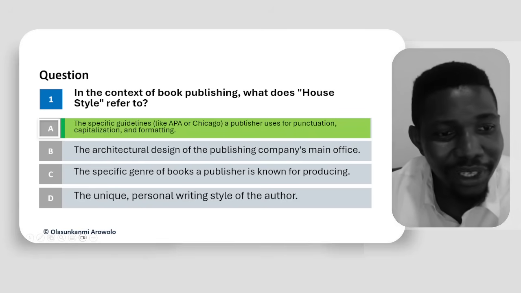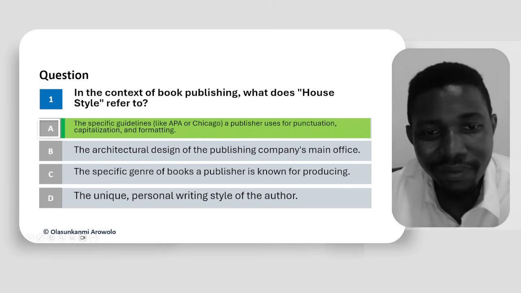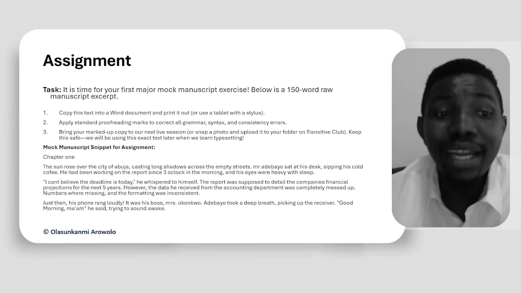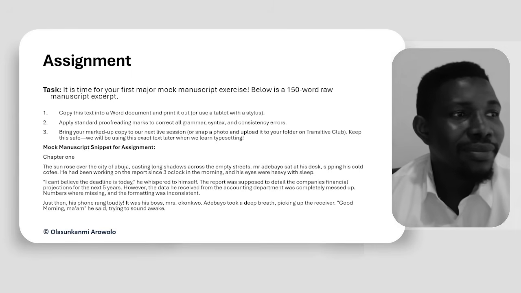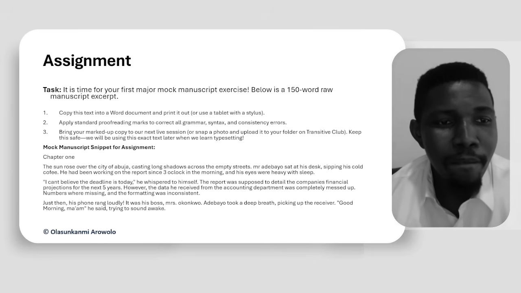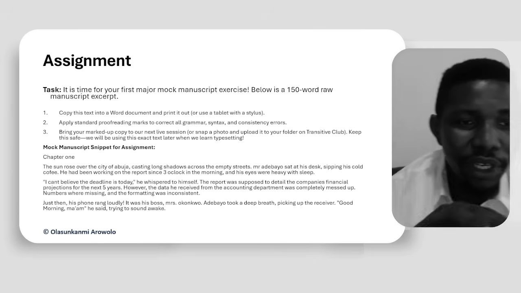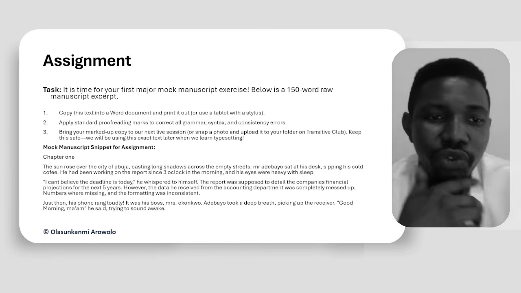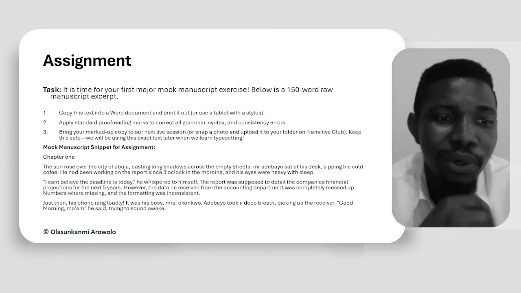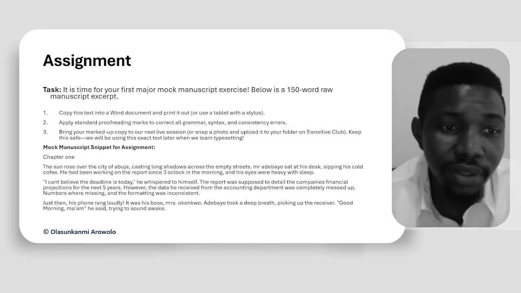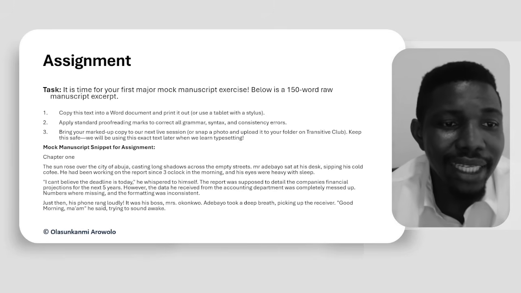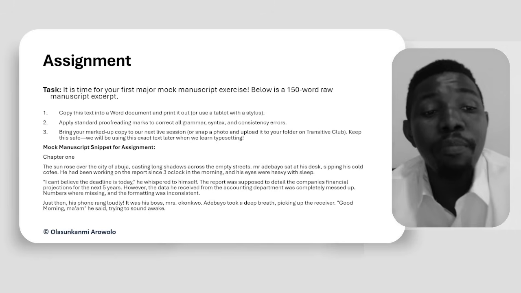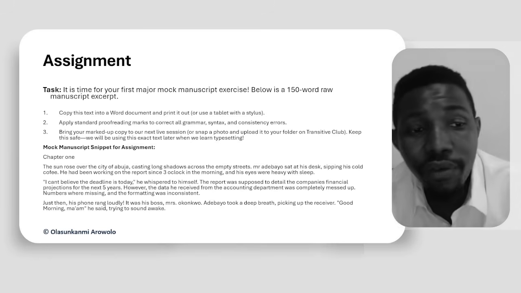Okay, thank you for doing this. And I have something for you, an assignment. Now, it's time to take your first major mock sort of manuscript exercise. Below is a 150 word raw one. You look at it, read it from your screen, and then you can copy, you can type out the word, or you can solve it directly.